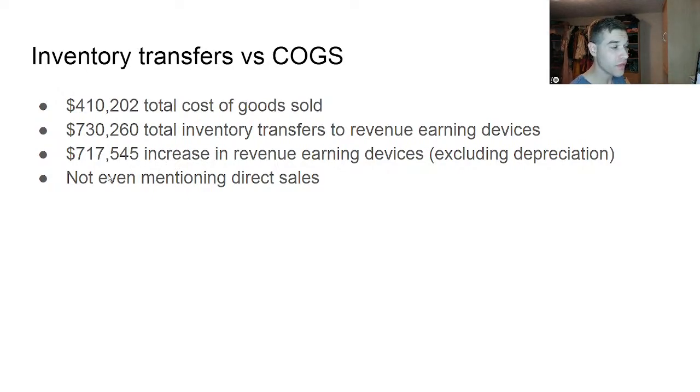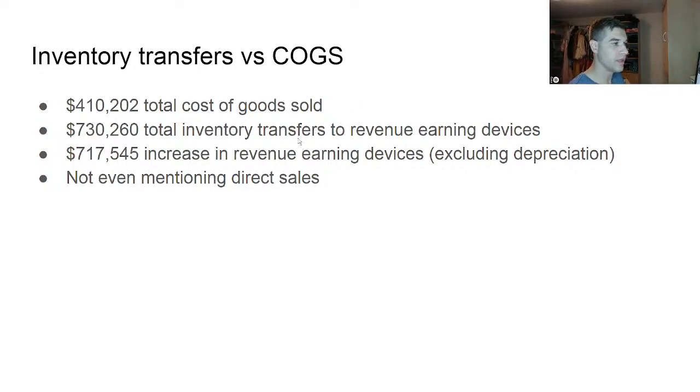And the other thing is, this doesn't even mention direct sales, right? This is an assumption that I'm making because it's not stated explicitly in the filings, but I'm pretty sure that those revenue earning devices only track the devices that are represented by rentals. When they make direct sales, I don't think that would show up as an inventory transfer to revenue earning devices, although I'm not sure.